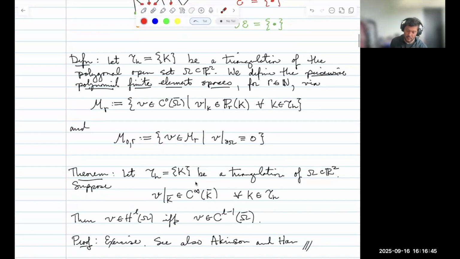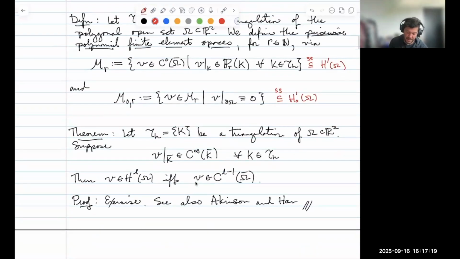So what we want to show ultimately is that this is a finite dimensional subspace of H1, and this is a finite dimensional subspace of H01. How do I know this?